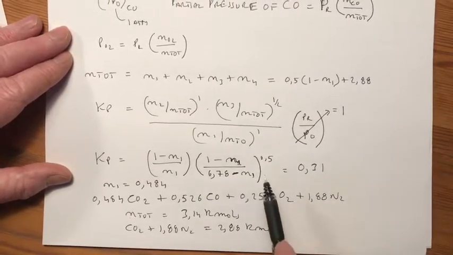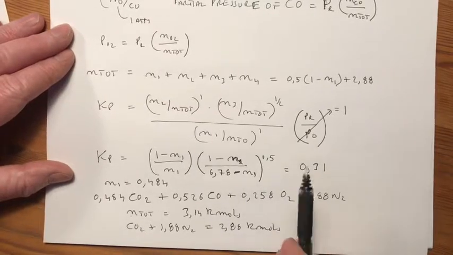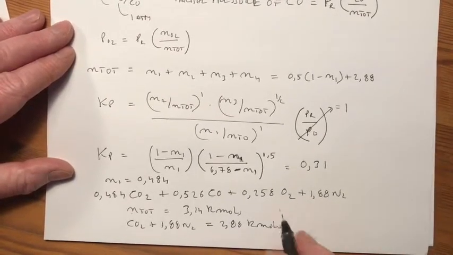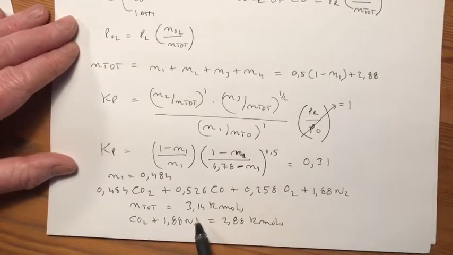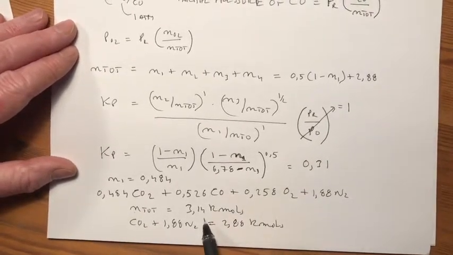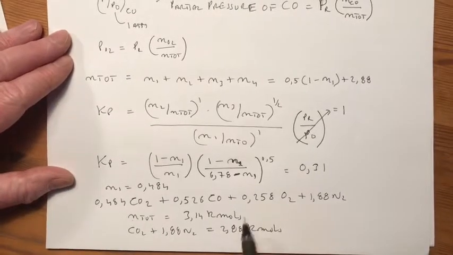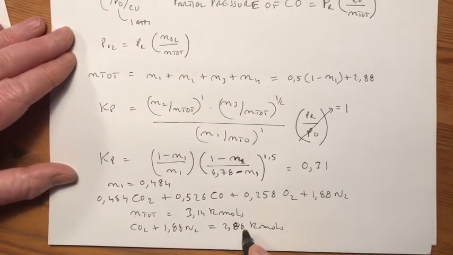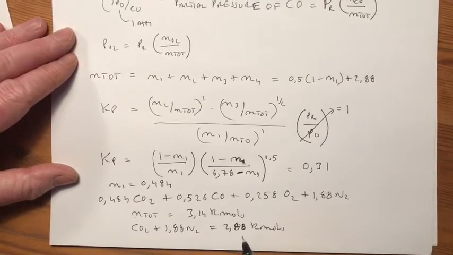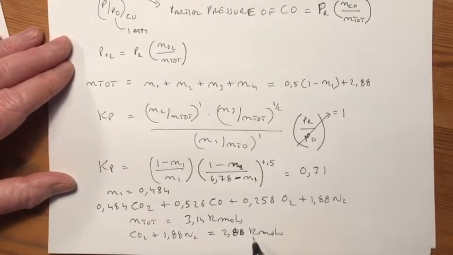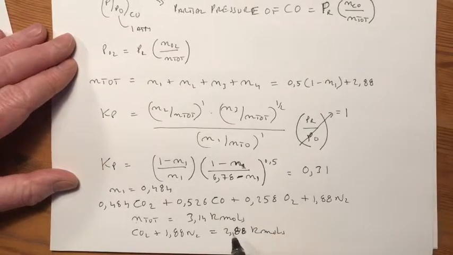So we can see that the number of kilomoles actually increases. This also means that the molecular mass of the gas products is actually decreased when we take dissociation into account.